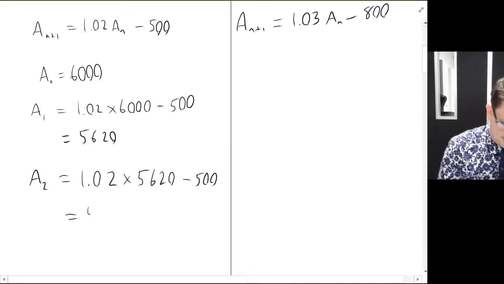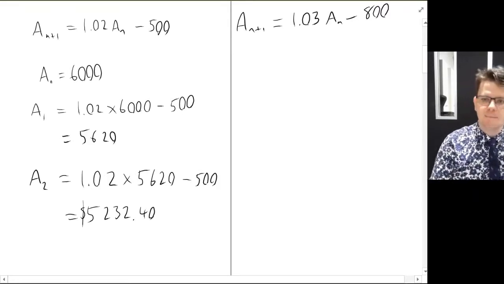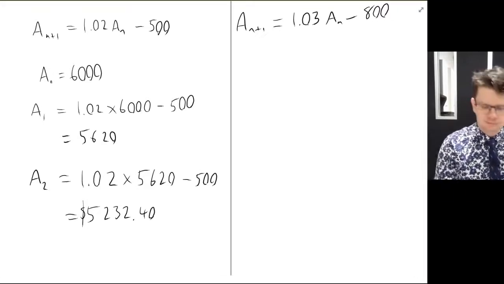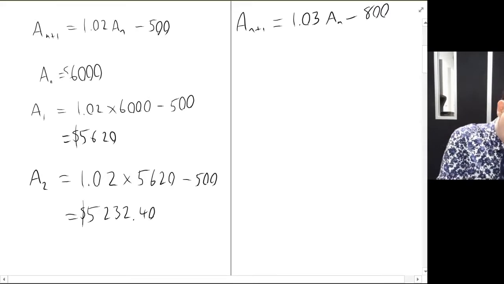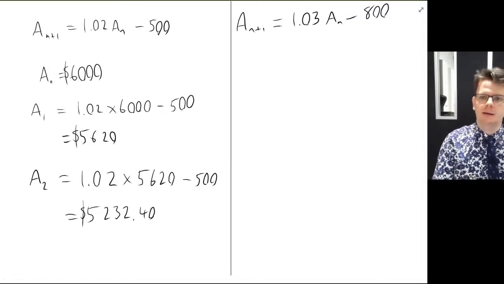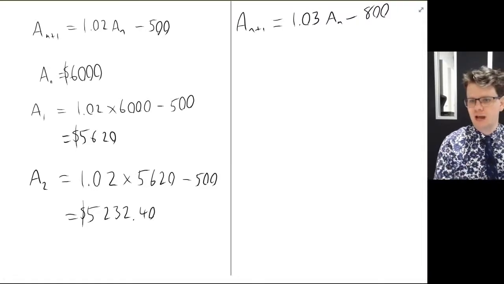Alrighty, so now we're down to $5,232.40. So you can see that month by month, my loan is going down, and that is a good thing. Each month, the value of the A should get down because it is a loan, and loans should get paid back, and in that way, eventually paid off.